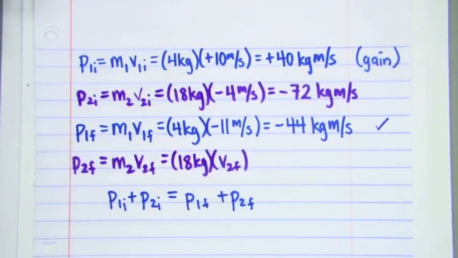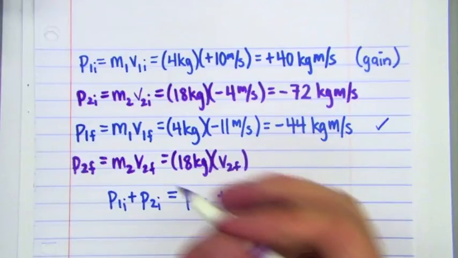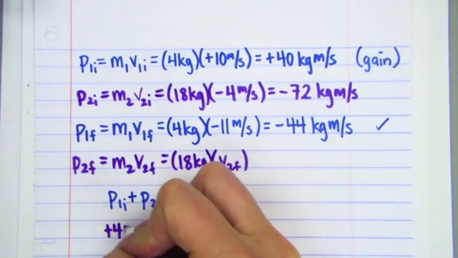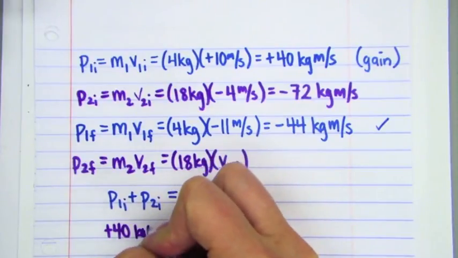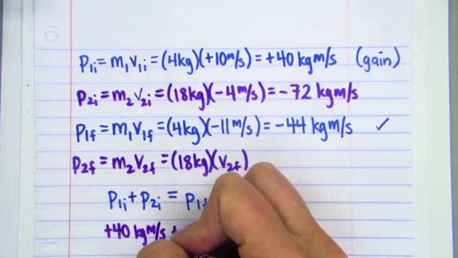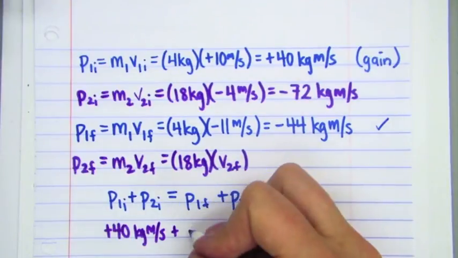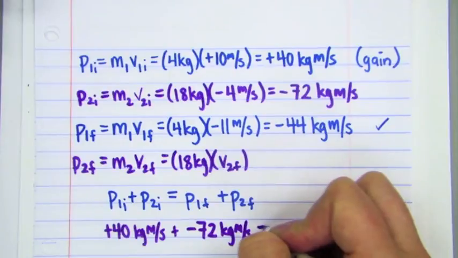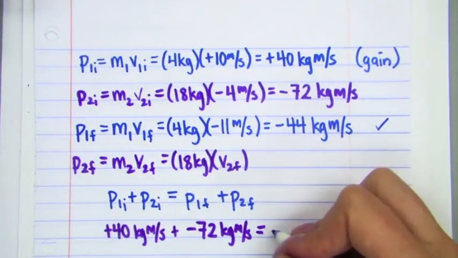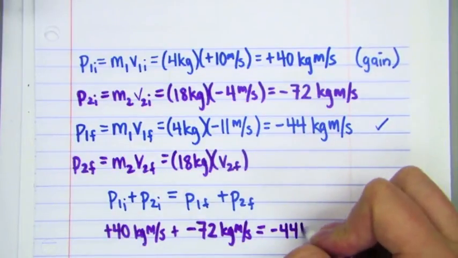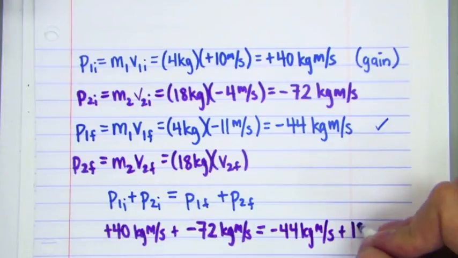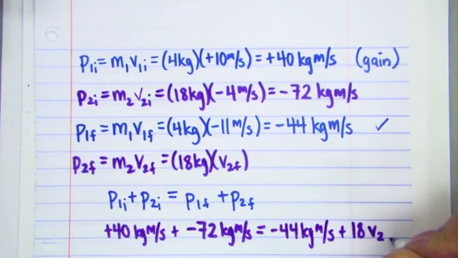And we already have these numbers, so we can just plug them in. And then for the final, we're just going to use 18 times V2F.